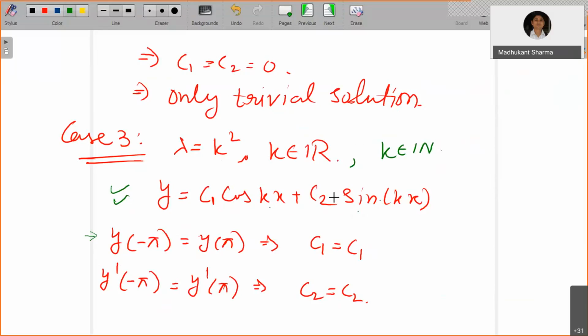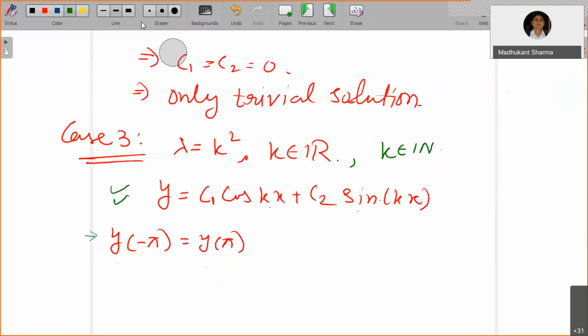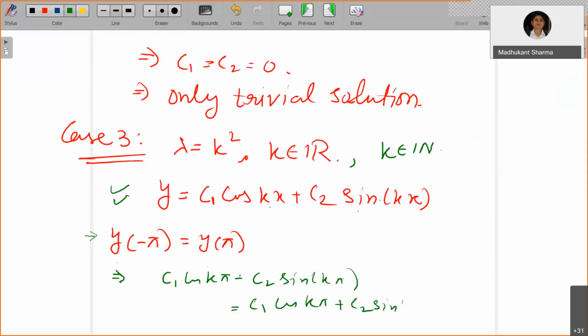So for the first condition, this implies C1 cos k pi plus minus C2 sin k pi is equal to C1 cos k pi plus C2 sin k pi.